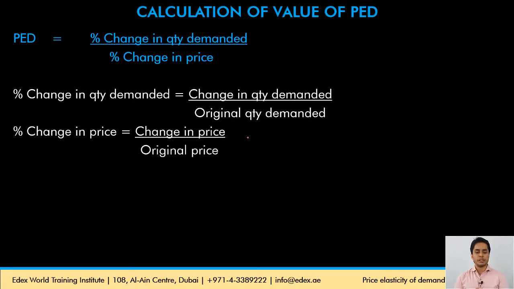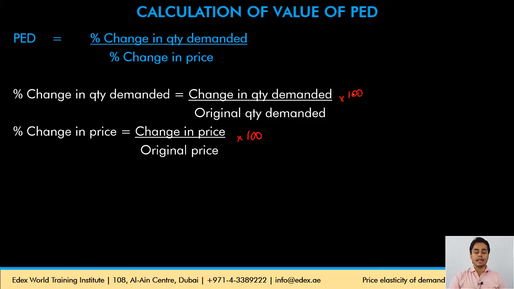And in the same way, the change in price can be calculated as the change in price between two periods divided by the old price or the original price multiplied by 100. Obviously, to get the percentage, you will have to multiply by 100. And once we get these values, we can divide them to arrive at the PED.